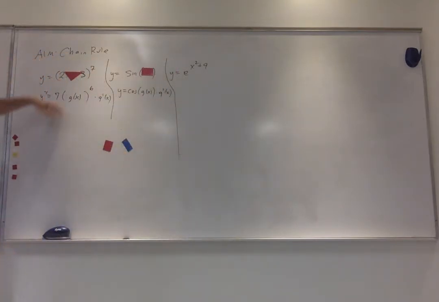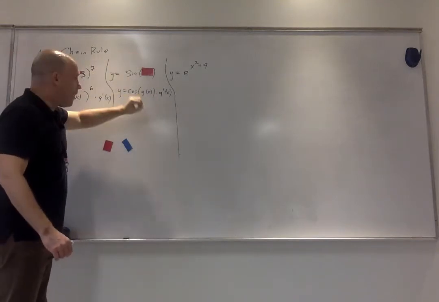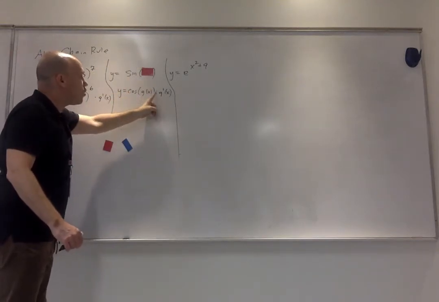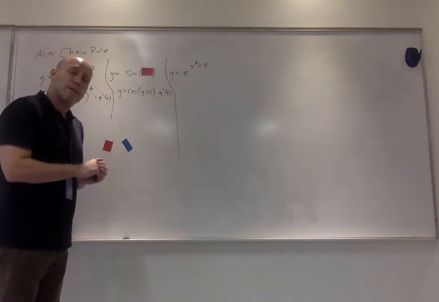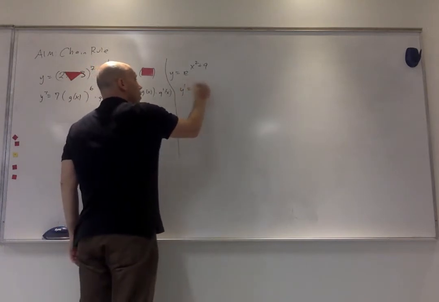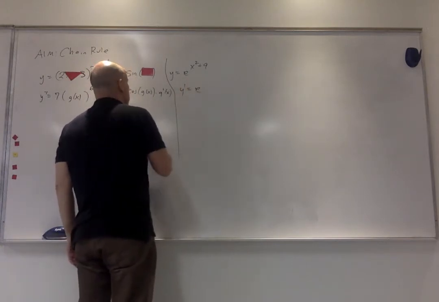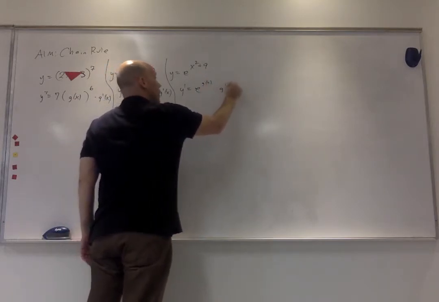So once again, thing to the 7th power becomes 7 times thing to the 6th times the derivative. Sine of thing becomes cosine of thing times the derivative of that thing. Same idea here. What do you think it is? The derivative is also e to this function times its derivative.